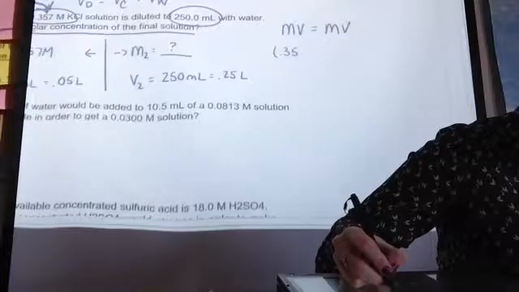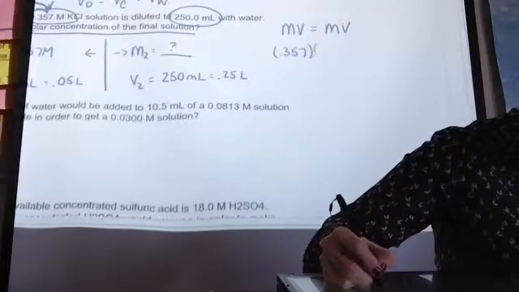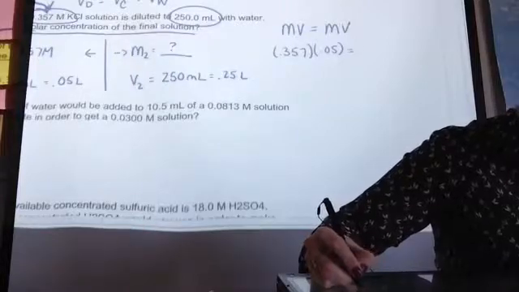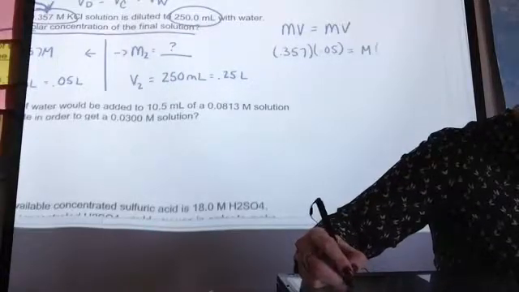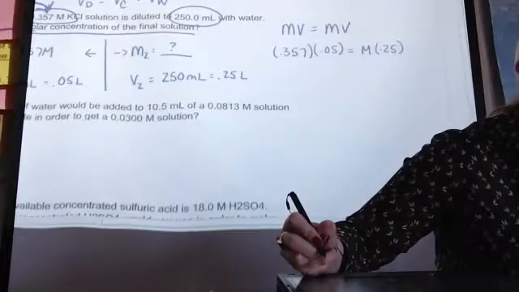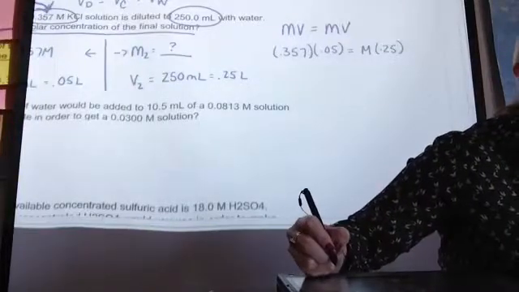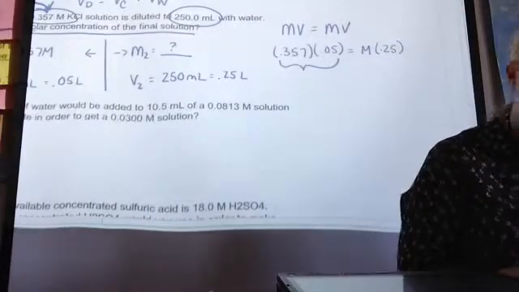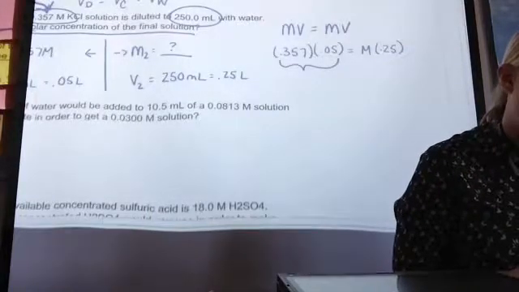Just make sure that the volumes and molarities are on the right side with the right partner, okay? Molarity 0.357, volume 0.05. I am solving for this molarity, and my volume is 0.25. I like to do one step at a time, that way you make fewer mistakes. So my first step is going to be to multiply the left side together.